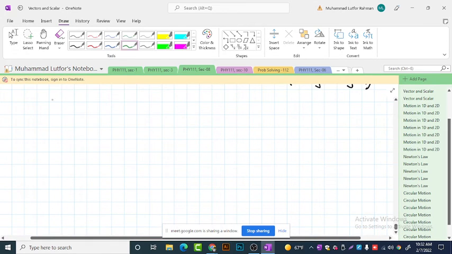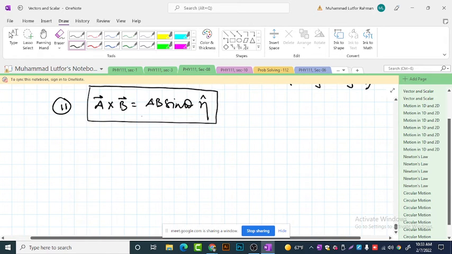Alright, let's come to another method, which is we can write A cross B would be AB sine theta into eta hat, right? This is one more formula, where this eta must be perpendicular to both A and B. It doesn't require that A and B be perpendicular to each other.